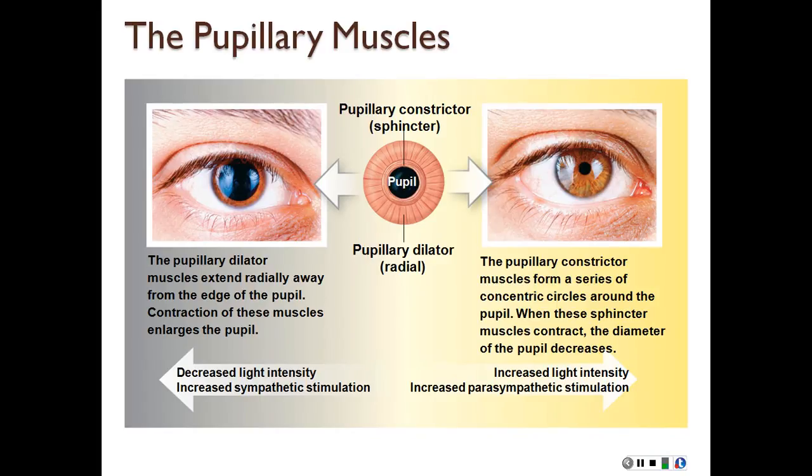Also, the amount of light you are exposed to will determine whether the pupils dilate or constrict. Why is it necessary to have that backup in case you're out in bright light or in dim light? Why is it necessary for the pupils to be able to change depending on those two environments?